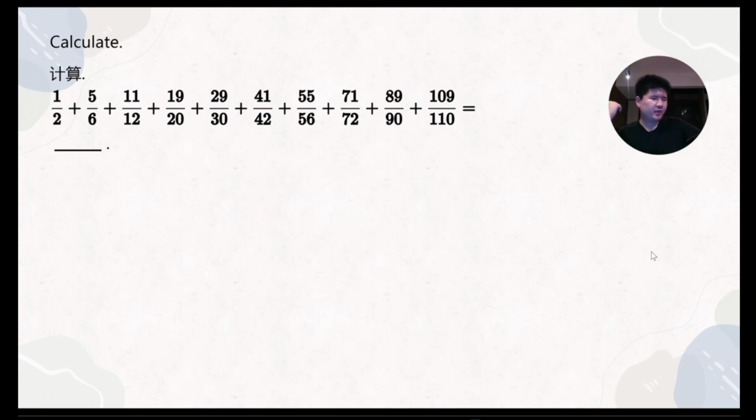For this one, I'm not going to tell you the full steps, but we are going to observe this expression together. For example, from the denominators: 2, 6, 12, 20, 30, 42, 56, 72, 90, and 110.